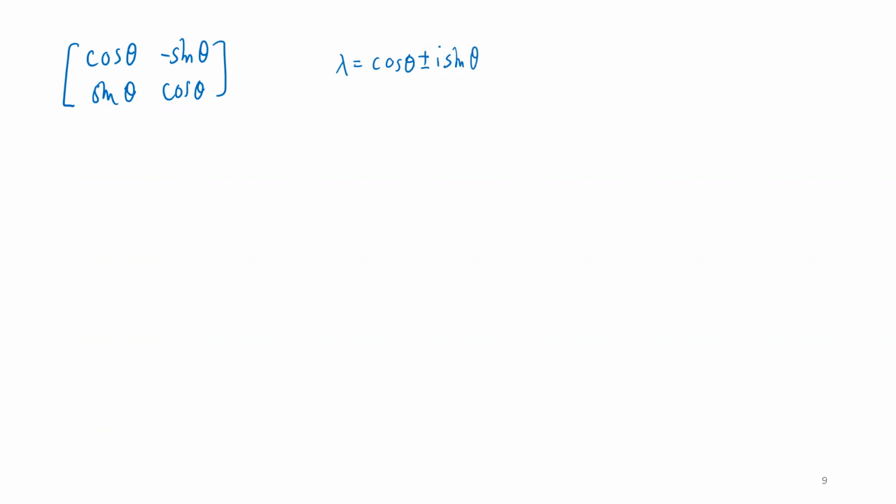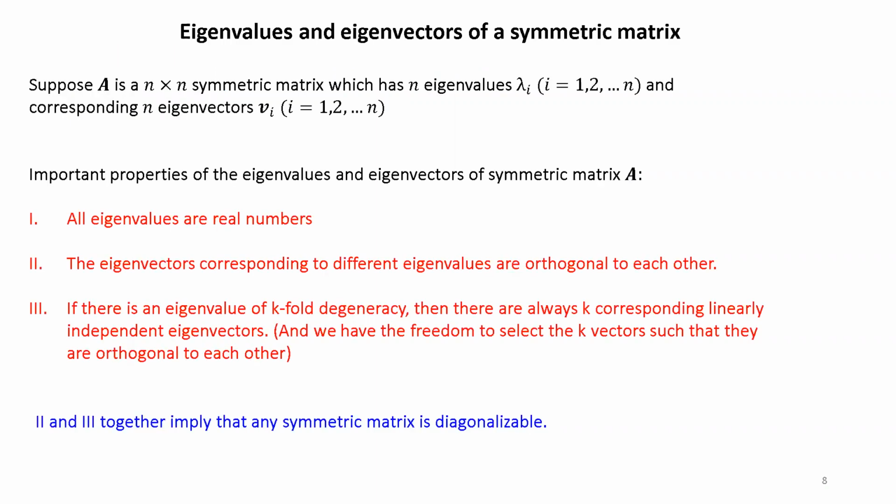Here I'm not focusing on this matrix particularly. I'm just reminding you that sometimes complex eigenvalues will occur. Although most of your homework problems or other examples in the lectures focus on real eigenvalues, still remember, sometimes complex eigenvalues do occur.